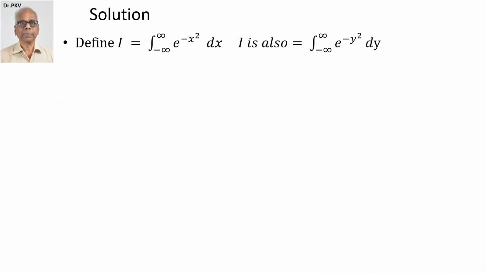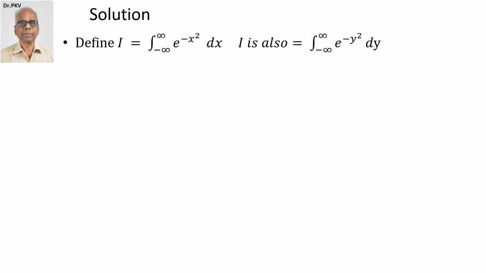If we define I equal to the integral over the domain minus infinity to plus infinity of e raised to the power minus x squared dx, I is also equal to the integral from minus infinity to plus infinity of e raised to the power minus y squared dy.